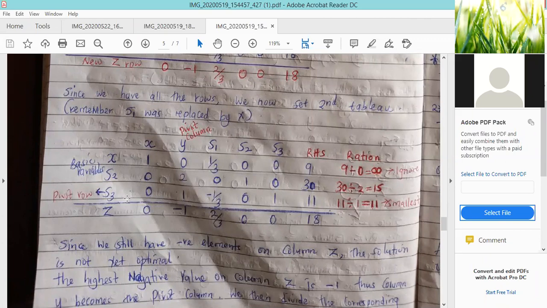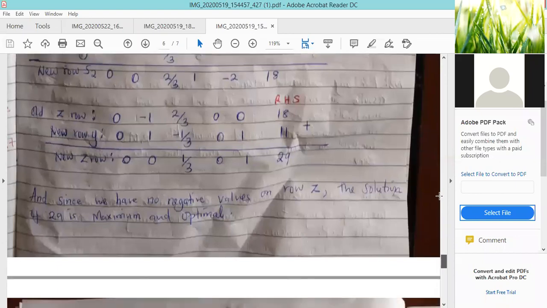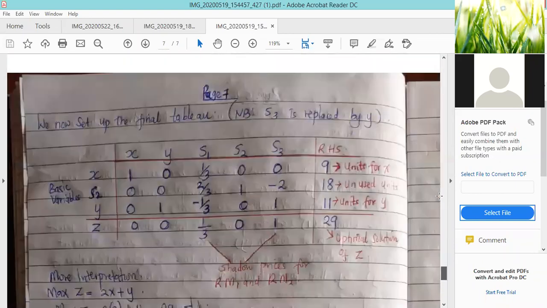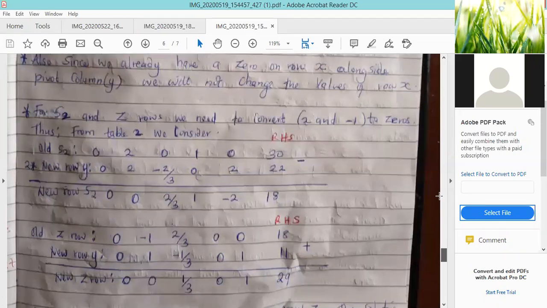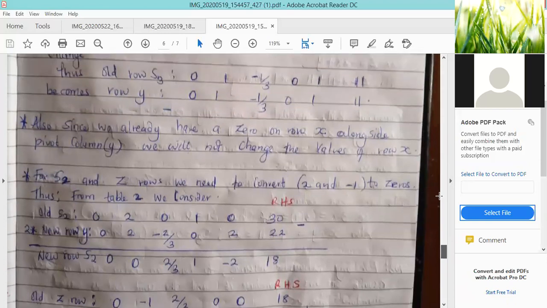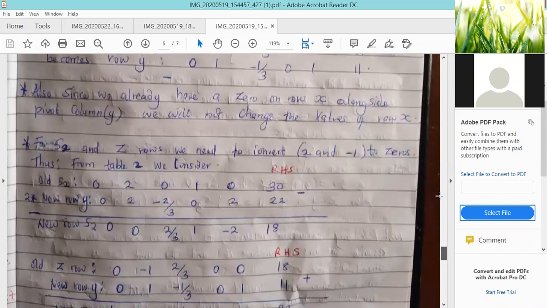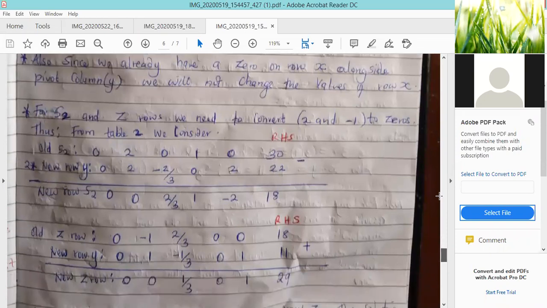And on our Z, we have a -1 here. We have to make it a 0. So what have we done? I've used my new row Y to work on the elements. For row X, that will remain the same, we will not change it. But for row S2 and also row Z, those ones we have to change their elements.